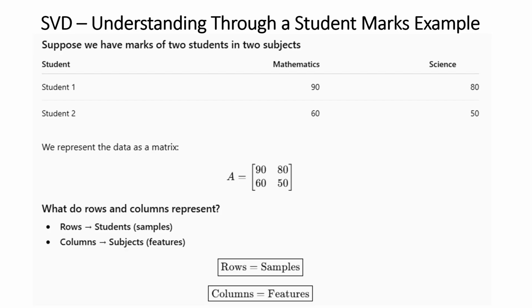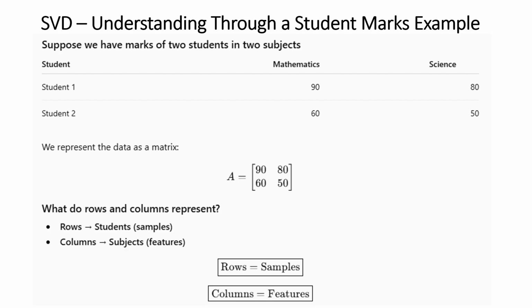So we can represent the information as a matrix as given here. You can see A is equal to 90, 80 and 60, 70. Here the first row represents student 1 and the second row of the matrix represents student 2. Similarly, the first column represents the mathematics marks and the second column represents the science marks, right?